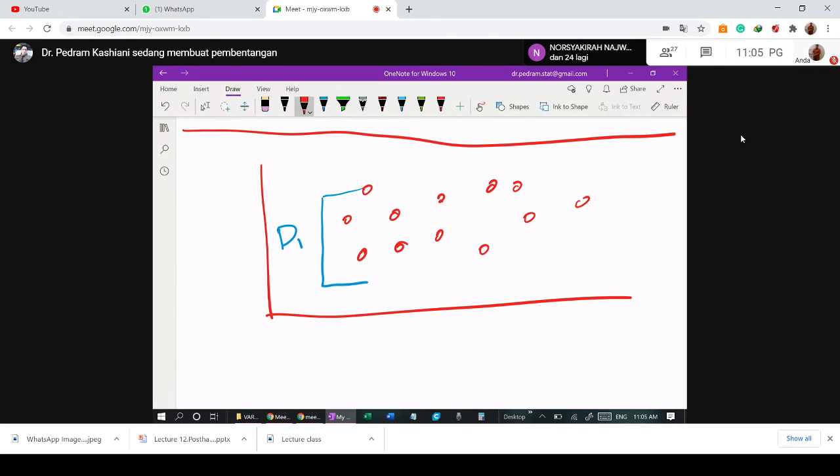Another direction is from here to here. Data two, or variable. I don't call it data, let me call it variable. Variable two. And this is variable one.